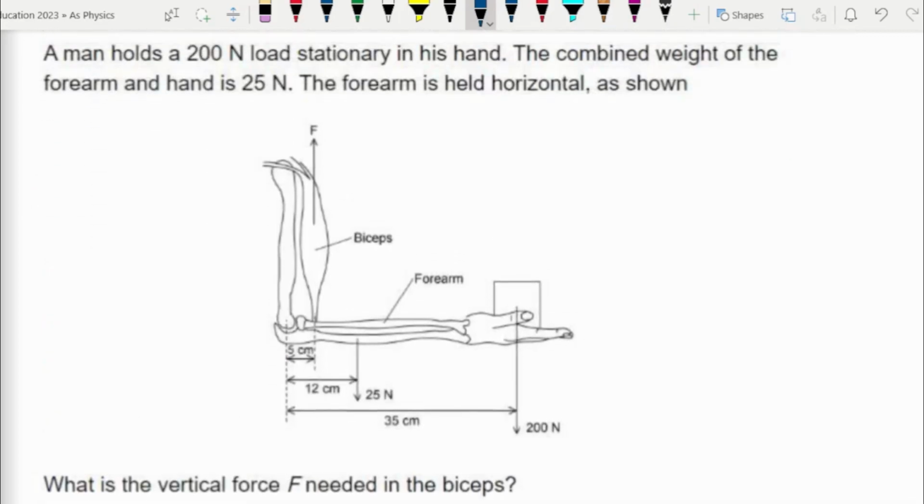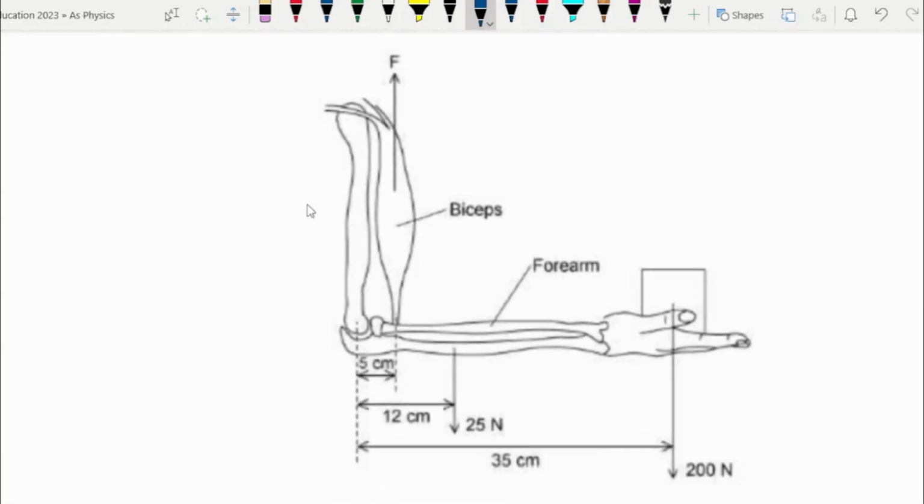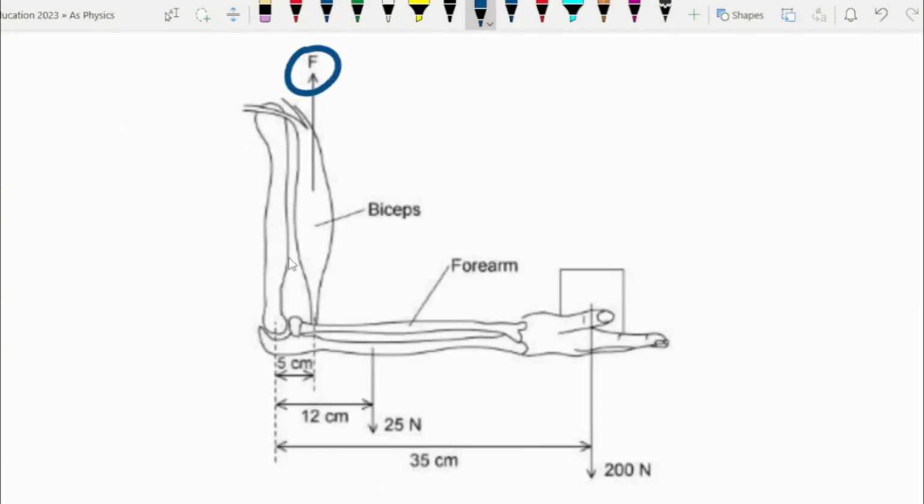So we need to find the vertical force F. This force needs to be found out. The distance of this force from the pivot is given. Then there's a second force. The distance of that force from the pivot is also given, which is 12. Then there's a third force. The distance of that force from the pivot is also given, 35.